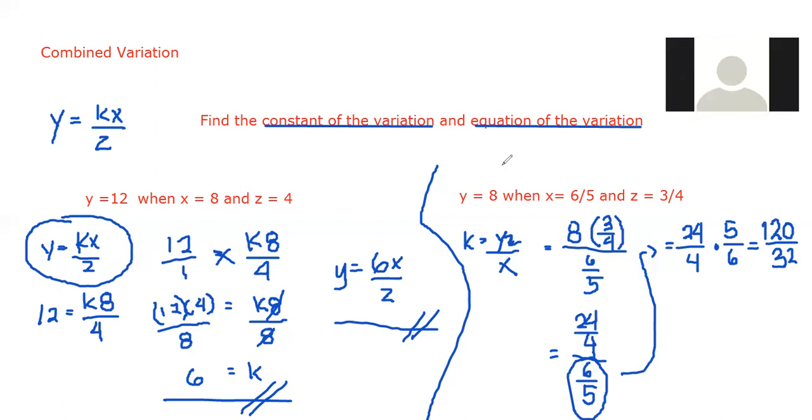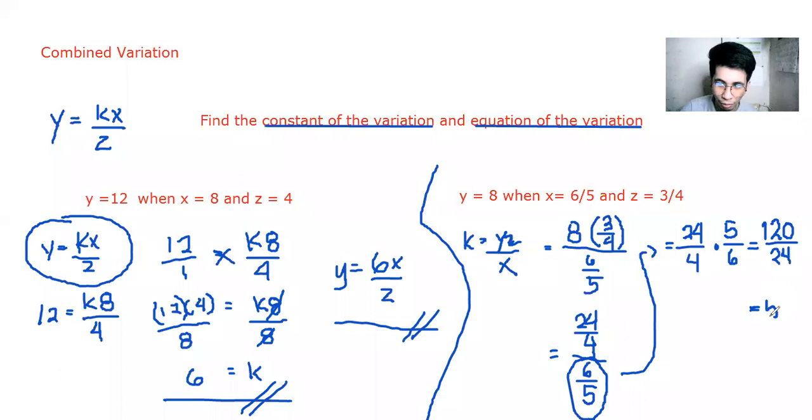Teacher, 24 po yun, di ba? Oo, 24. This is 24. So, 120 over 24. Ano magiging sagot natin? Teacher, 5. 5. So, meron na tayong sagot sa 5.